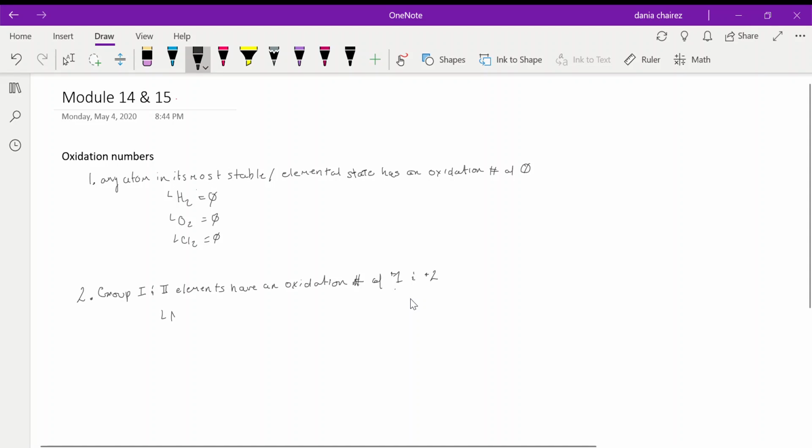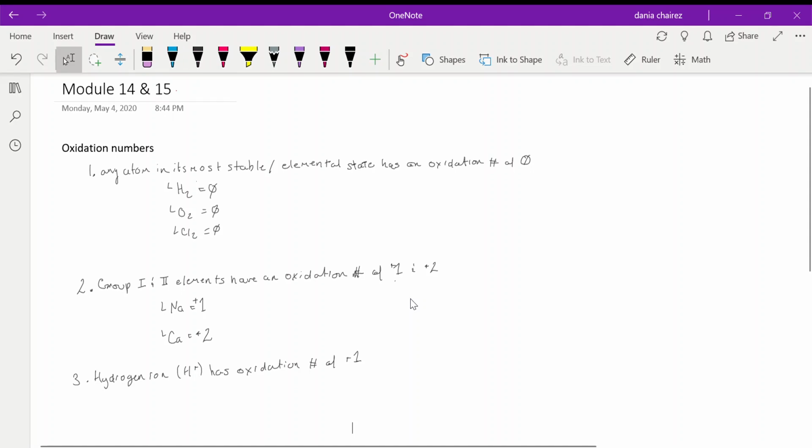So for instance, sodium, which is a group 1 element, would have an oxidation number of +1, and calcium, which is a group 2 element, would have an oxidation number of +2. So then your third rule would be that the hydrogen ion, which is H+, has an oxidation number of +1. So yeah, no example for this one because it's just the hydrogen ion.